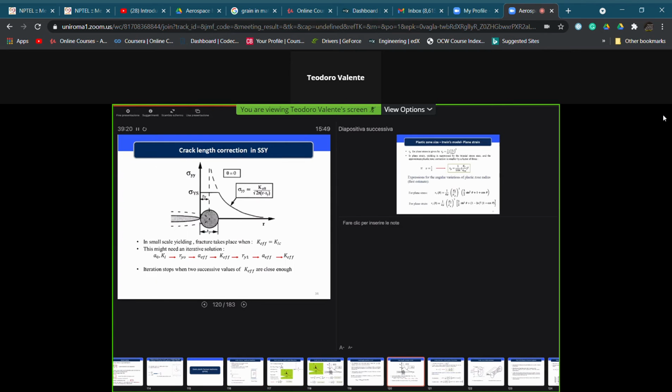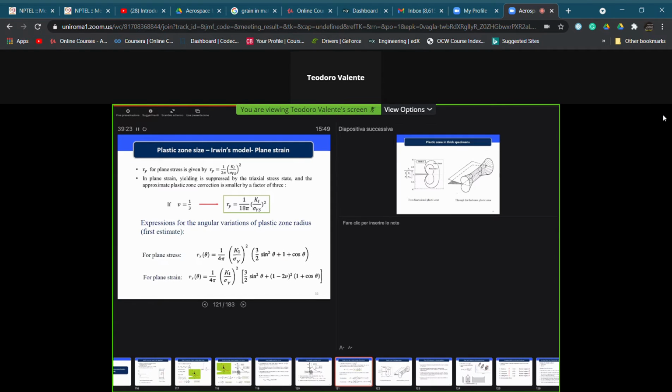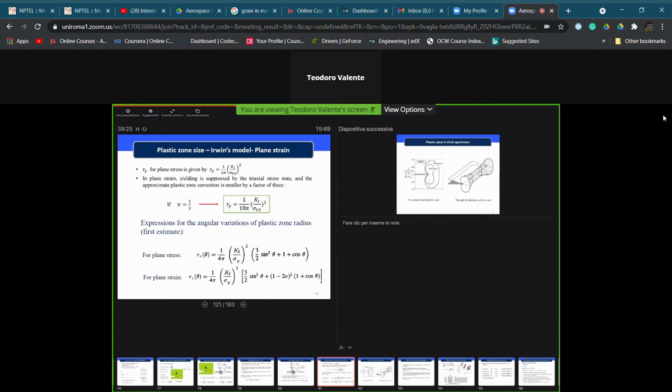If we make the same approach, and now trust me, for plane strain, again according to the Irwin models, it is possible to derive another expression of the plasticity radius, which is given by the term 1 divided by 18, and then the other terms are essentially the same. Why is this 18?